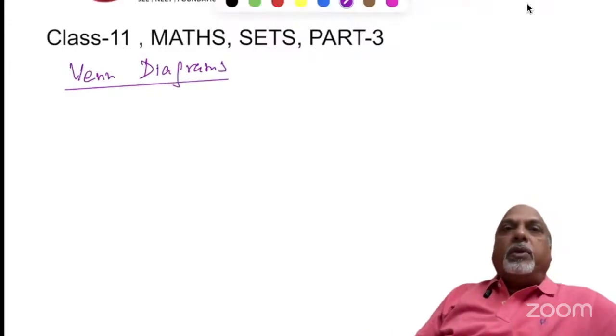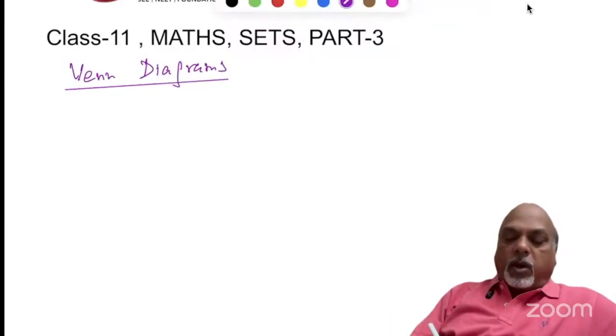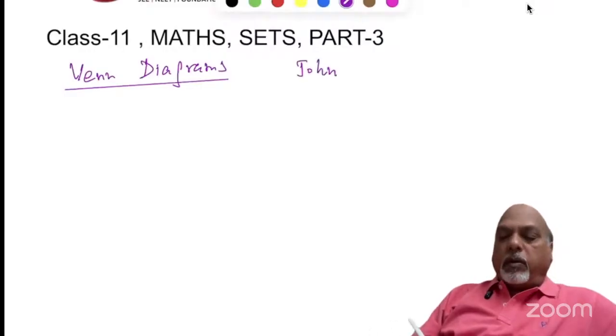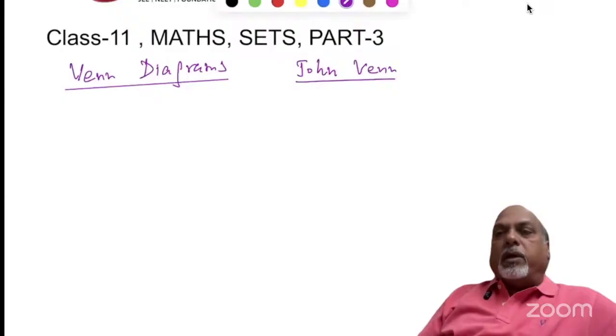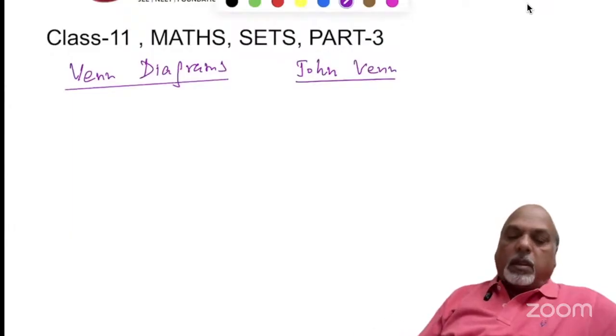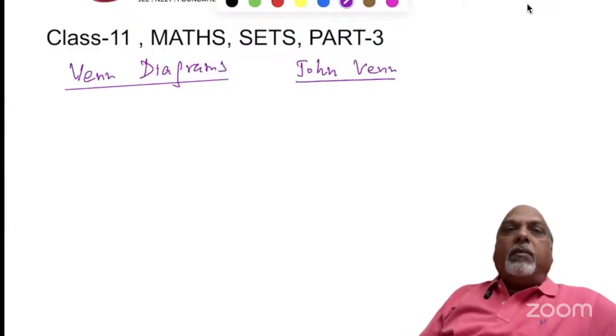These Venn diagrams are named after John Venn. He was an English logician, and based on that, this Venn diagram concept was developed.